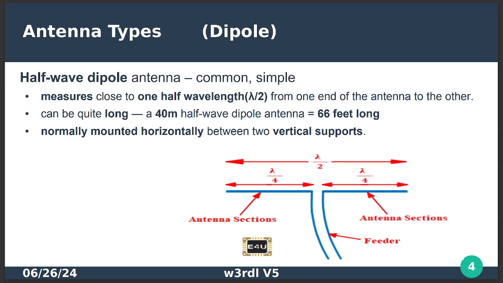Anyway, a half-wave dipole measures close to a half wavelength from one end of the antenna to the other. They can be quite long. So remember, your 40 meter vertical antenna is 33 feet tall, but your 40 meter horizontal dipole is 66 feet. So you have to have some room to stretch it out and pull it up a little bit.